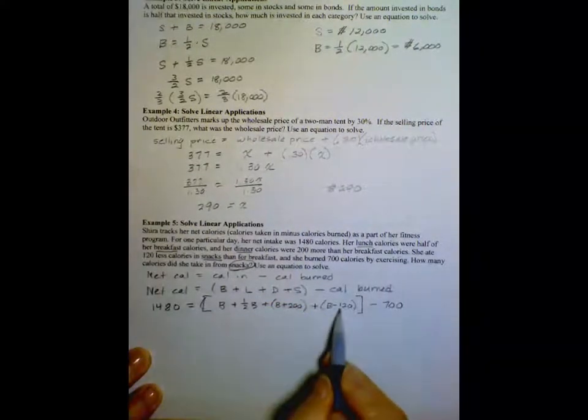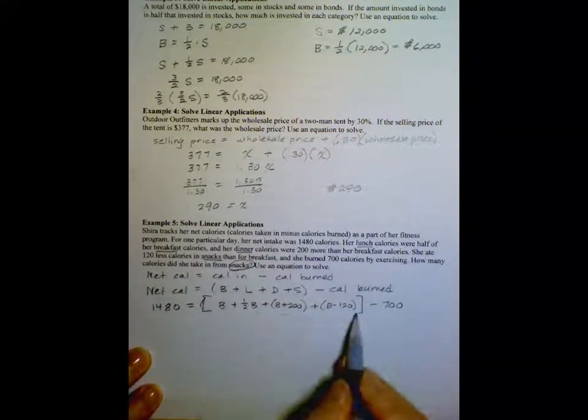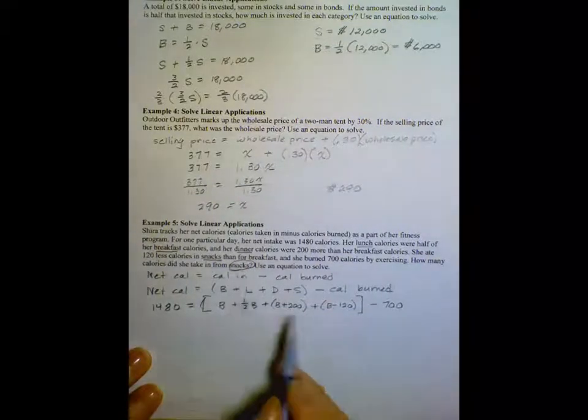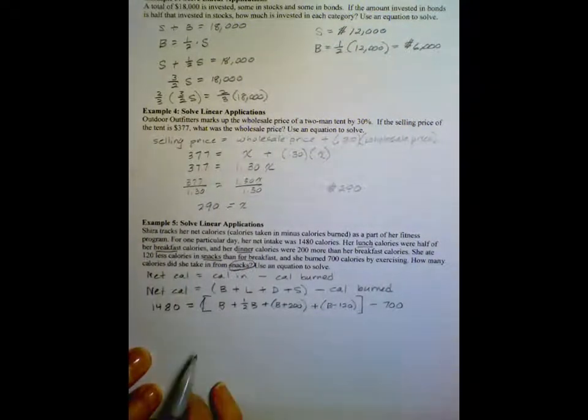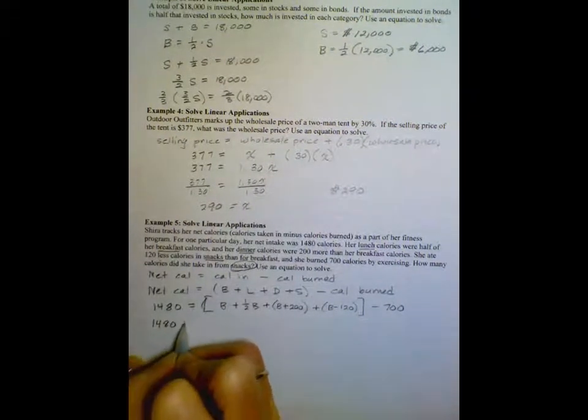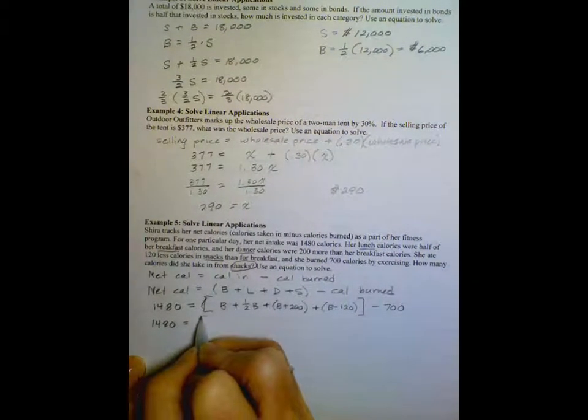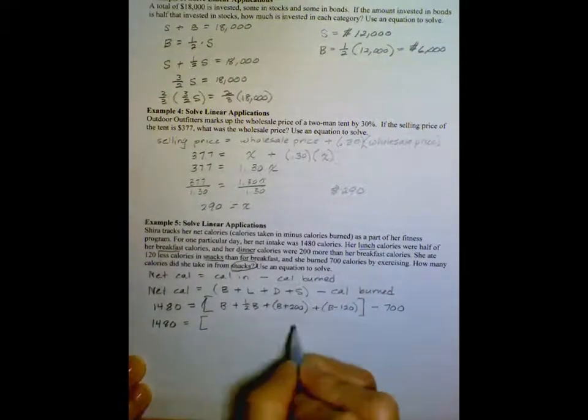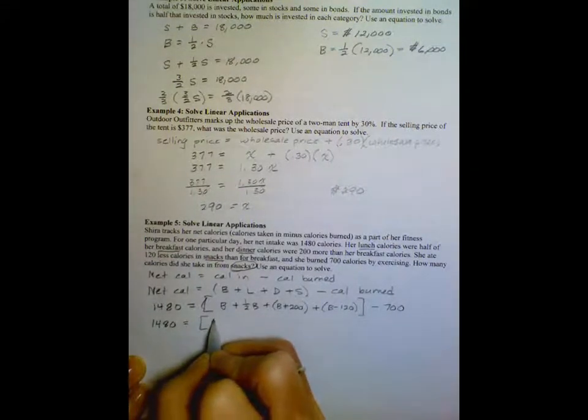Tricky. I've got B's in here. When I find B, I am not done because I'm supposed to find my S, right? My snacks. So let's see if we can solve this for B. 1480 equals, inside the parentheses, what have I got? Let's just get rid of these parentheses and put the B's together.